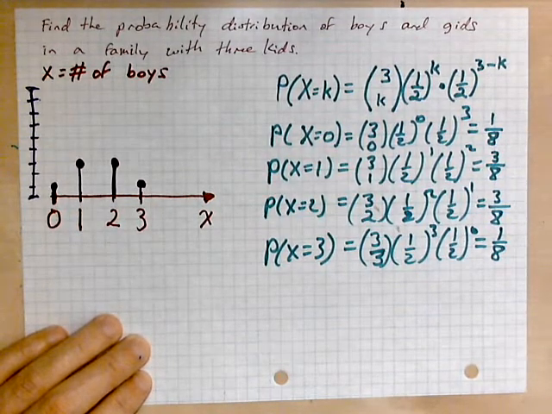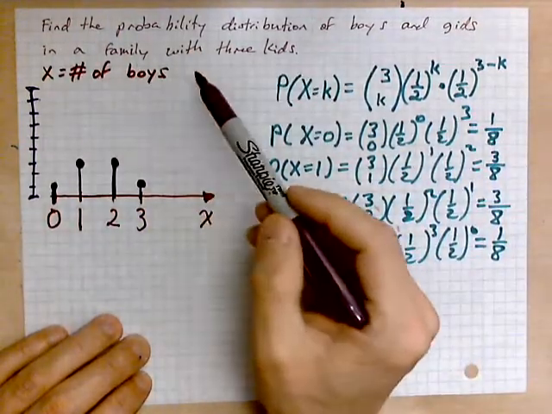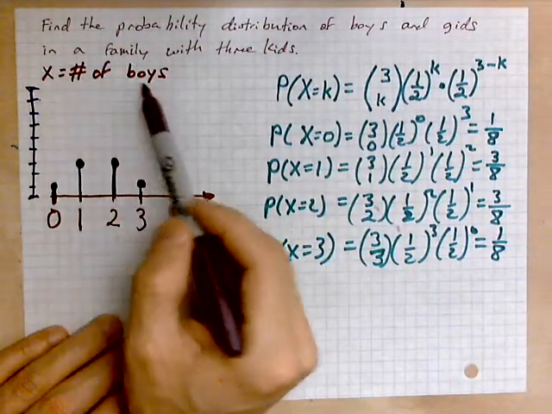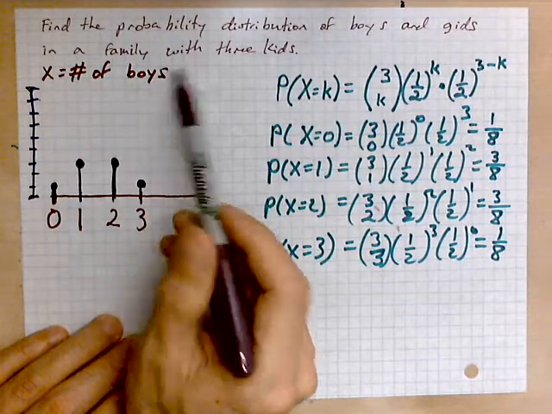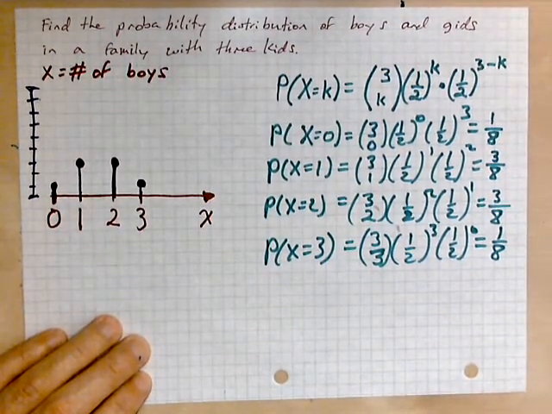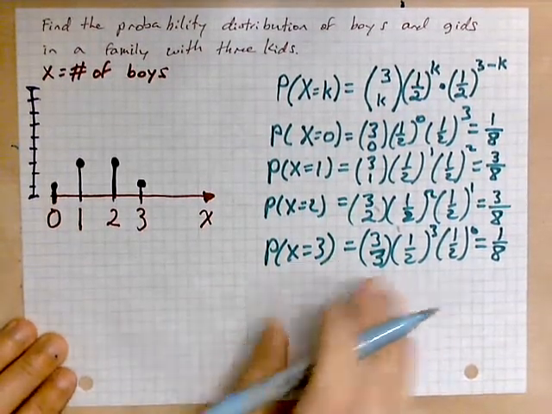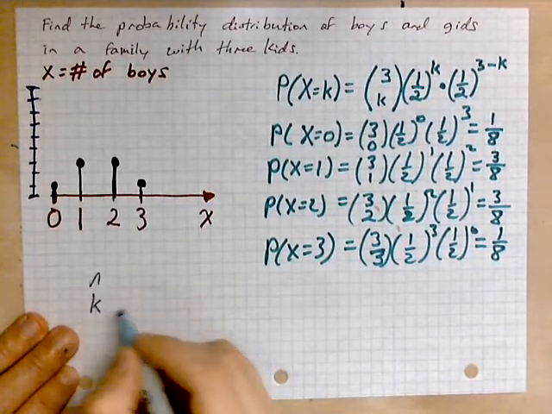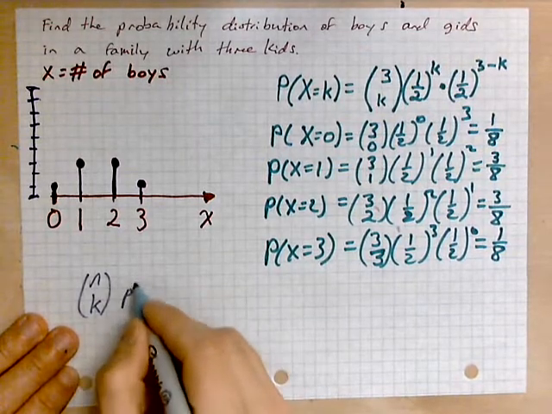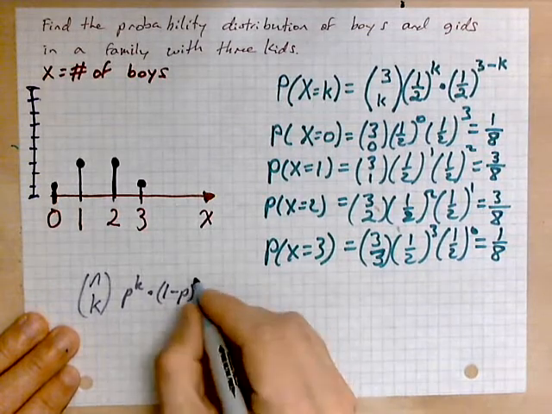Okay? So one more time. Find the probability distribution of boys and girls in a family with 3 kids. You introduce a variable, give it a clear definition, as I've done here, the number of boys. In this case, you have to make a decision as to the type of distribution. So, to review, the binomial has some essential characteristics. You have n choose k, and then p to the k times 1 minus p to the n minus k.